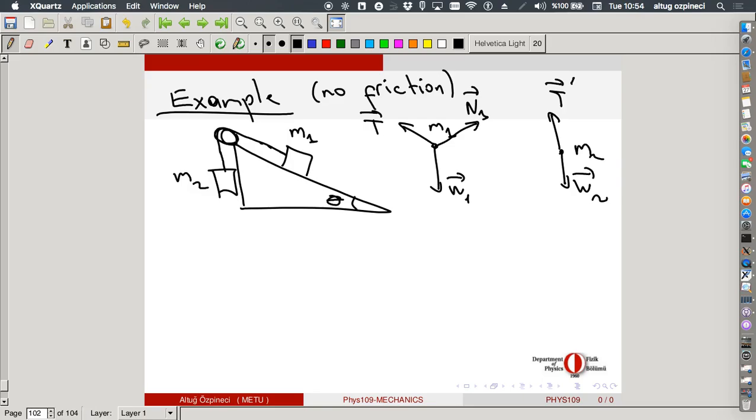Now, first let's also choose a coordinate axis. In this one I will choose two different directions. I will call this direction my x direction, and I will call this direction my x prime direction.